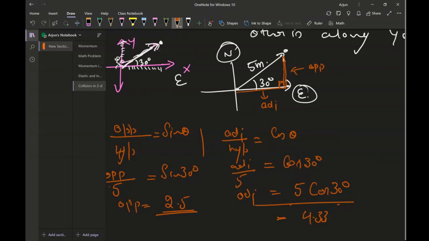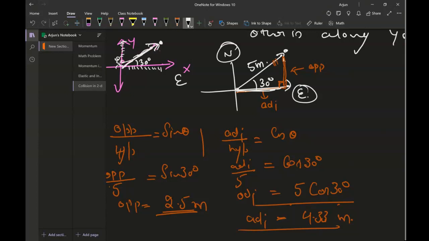My calculator is again in radian mode, so I have to convert it into degrees. So it will be cos 30 times 5, 4.33. Yes, that's correct. Adjacent side, 4.33 meters. All right, that's how you can convert a two-dimensional vector into two one-dimensional vectors.